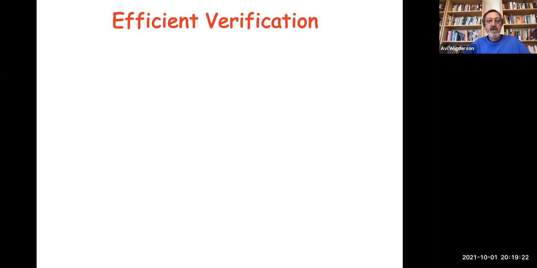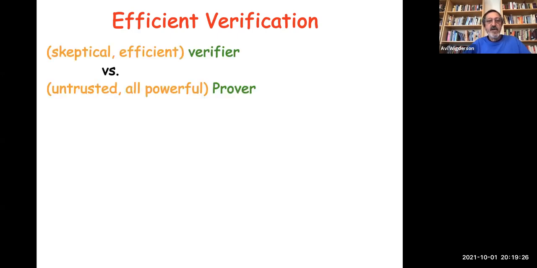So let me summarize very quickly what I mean by efficient verification. In complete generality over mathematics, it's a situation where you have some limited verifier, skeptical, who wants to learn something, interacting with a very powerful prover that can prove everything, but cannot be trusted.